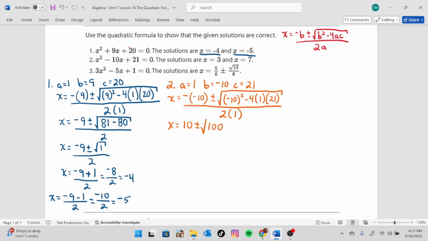Negative 4 times 1 is negative 4. And negative 4 times 21 is negative 84.